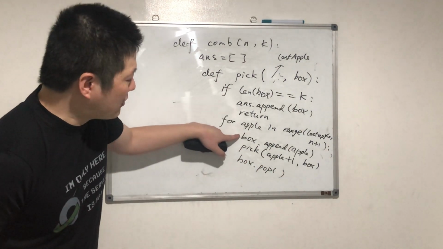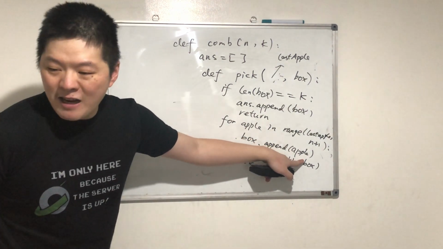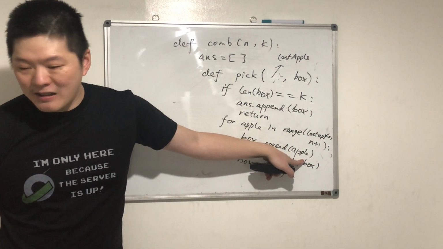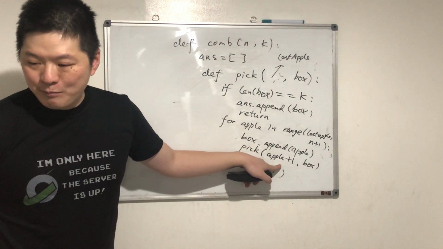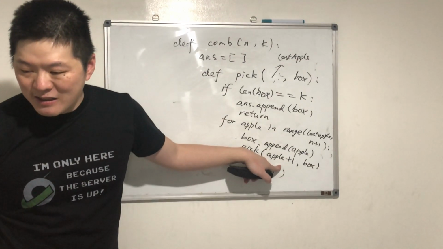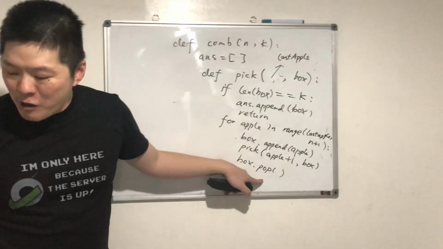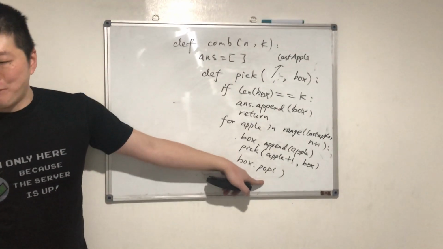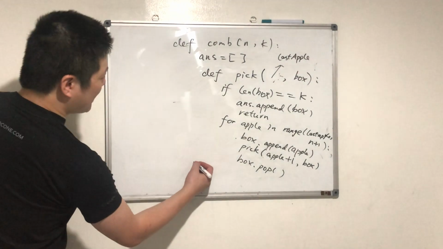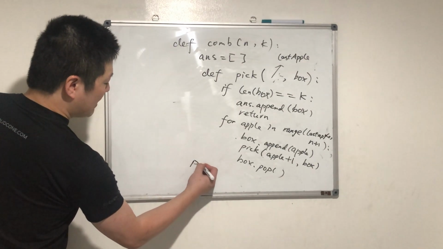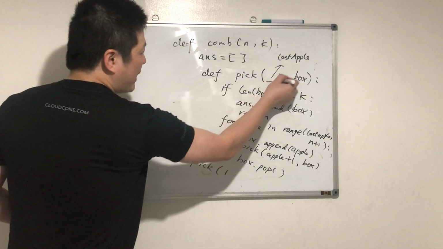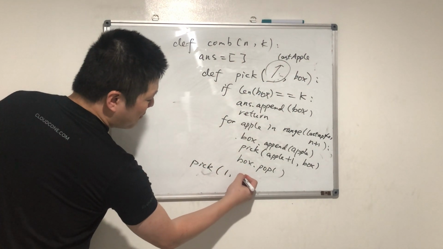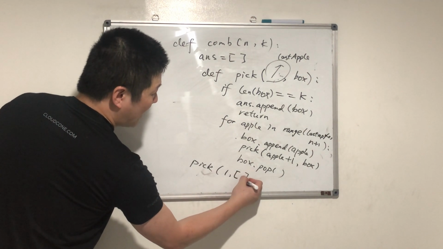Currently we put this apple in, and then we try picking the next apple, and then we also want to try without picking this apple. After this, we can just return pick, starting from the first apple, and the current basket is empty. We just put it here.